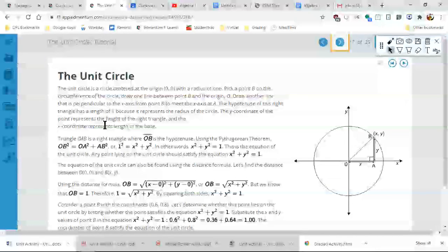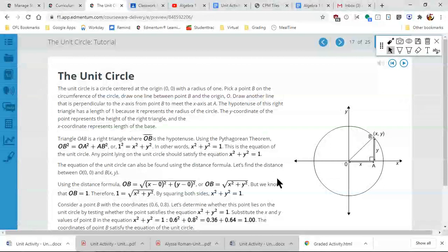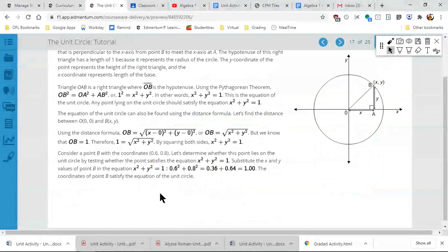What's happening here is they're just describing the Pythagorean theorem. So right here, what they're describing is a squared plus b squared equals c squared. And the only difference is that because this is our origin, when we use the distance formula, it's basically just the Pythagorean theorem.